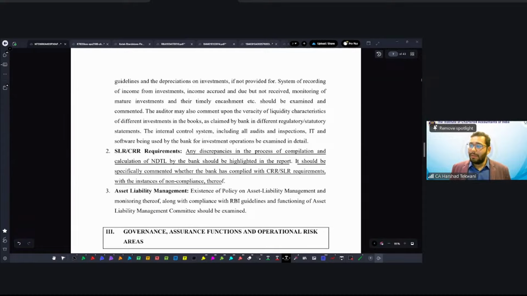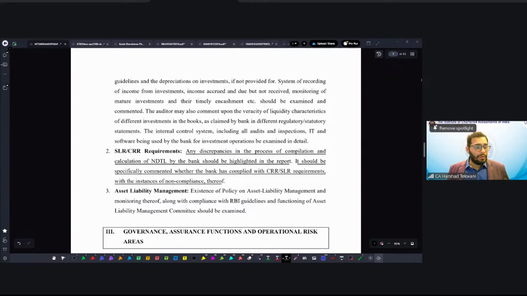Now if the branch is submitting something, you would like to look into it. This information which is coming from the branch, the branch auditors must look into this information. So branch sent to their head office, branch auditors sent to statutory central auditors, the same information verified. Auditors then are required to verify the correctness.